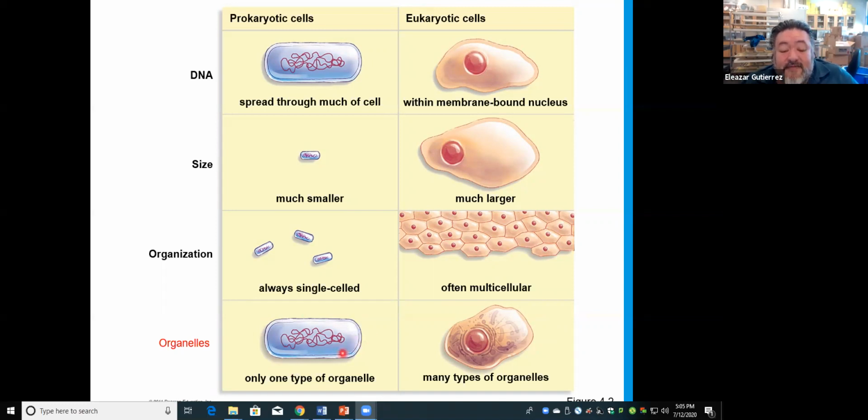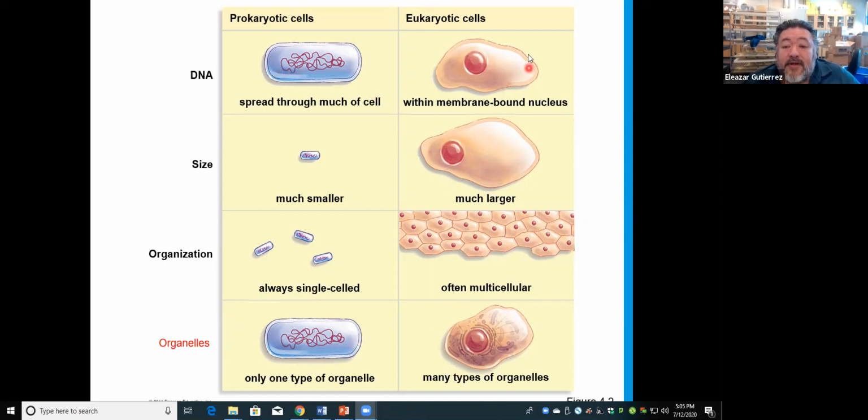They'll say that they have flagella and cilia and all these other things that they define as organelles. But from a cell biologist's view, an organelle is a very complex organ. So, in other words, prokaryotic cells, by definition, do not have organelles, and eukaryotic cells do. Okay, so there we go.